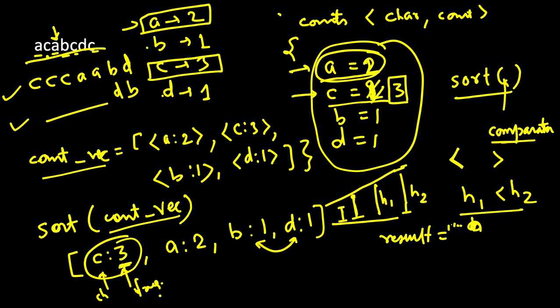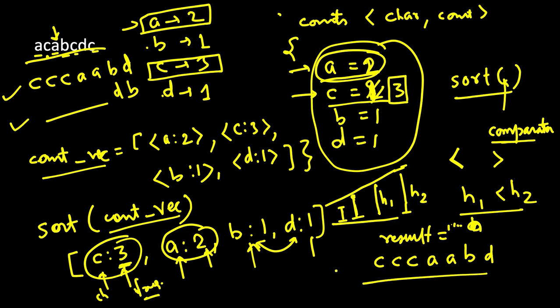We see that the frequency is 3 and the character is C, so we will append C 3 times to this result. So result will become C, C, C. Now we will take the next element. Next character is A and its frequency is 2, so we will append A twice. Next is B once, and then D. And we will return this result.